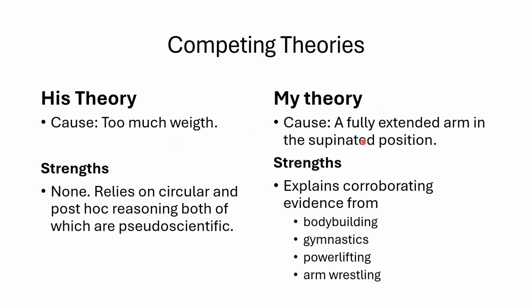My theory was, well, fully extended arm in the supinated position causes the bicep very likely to tear. Strength of my theory: corroborating evidence from bodybuilding, gymnastics, powerlifting, and arm wrestling. What are the strengths of Mike's theory? None. Relies on circular and post hoc reasoning, both of which are pseudoscientific.